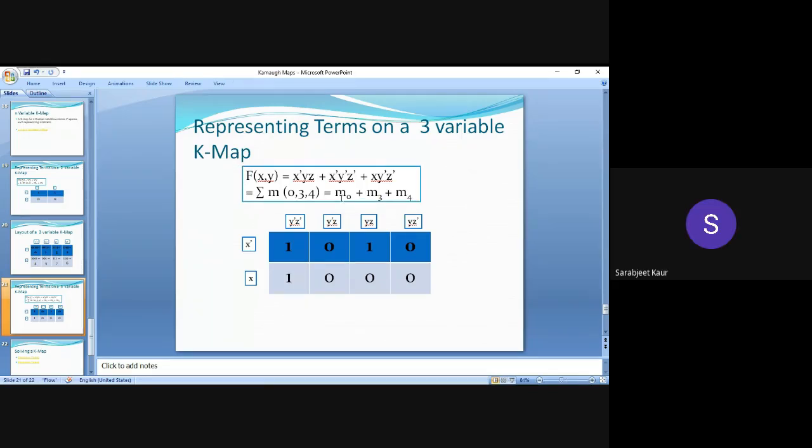Any way you see it, we are going to arrive at this final Karnaugh map representation. Is this clear? Yes, ma'am. Any problem up till now?